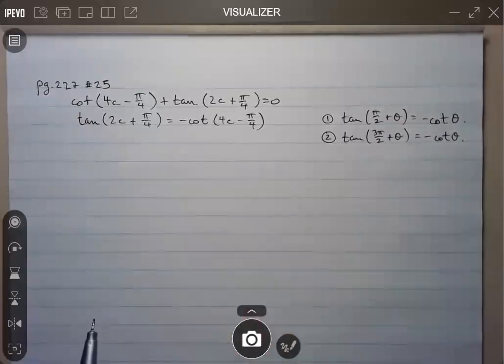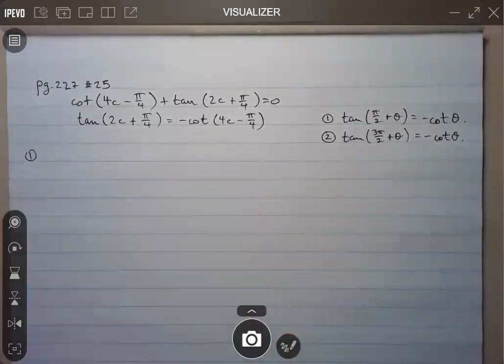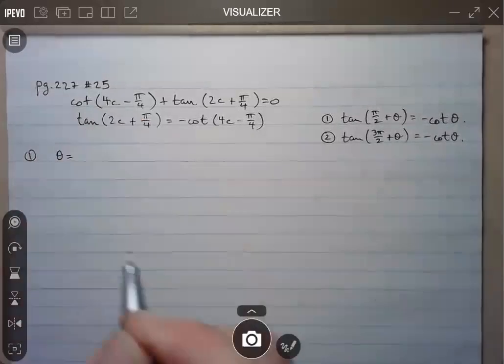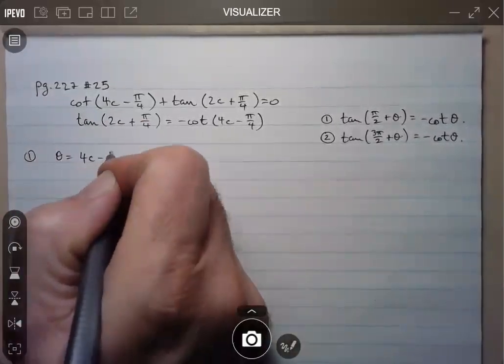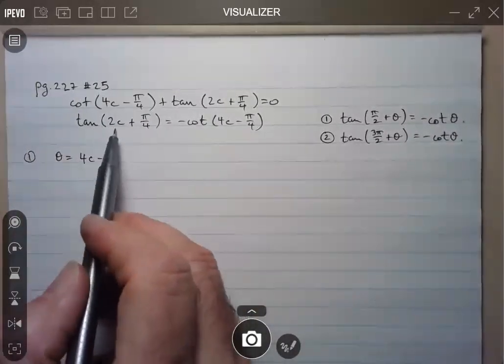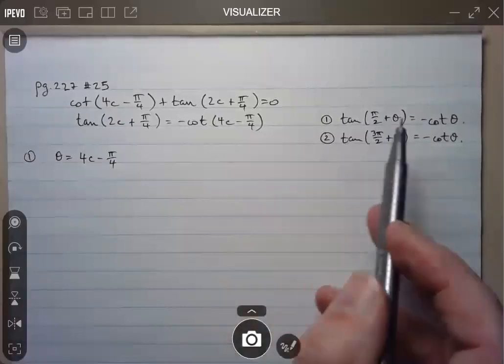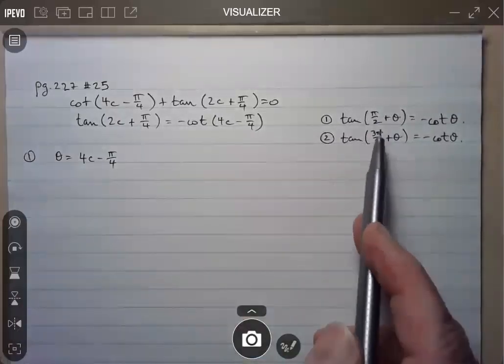All right, so this is where, I might as well do both, but they really only asked for one possible solution. But if I use identity 1, I say, well, if I let theta be equal to this value here, 4c minus pi over 4, then I know by choosing the input of tangent to be pi over 2 plus theta, these two sides will have to be equal based on our identity.